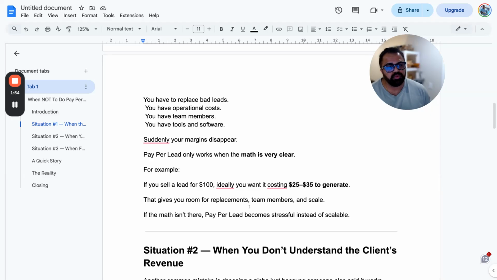I was talking to a guy who was charging $4,000 to $5,000 retainers, and he wanted to switch to paper lead. Over the course of a year he was getting about $48,000 to $50,000 per client, and he had a couple of them, which is amazing.